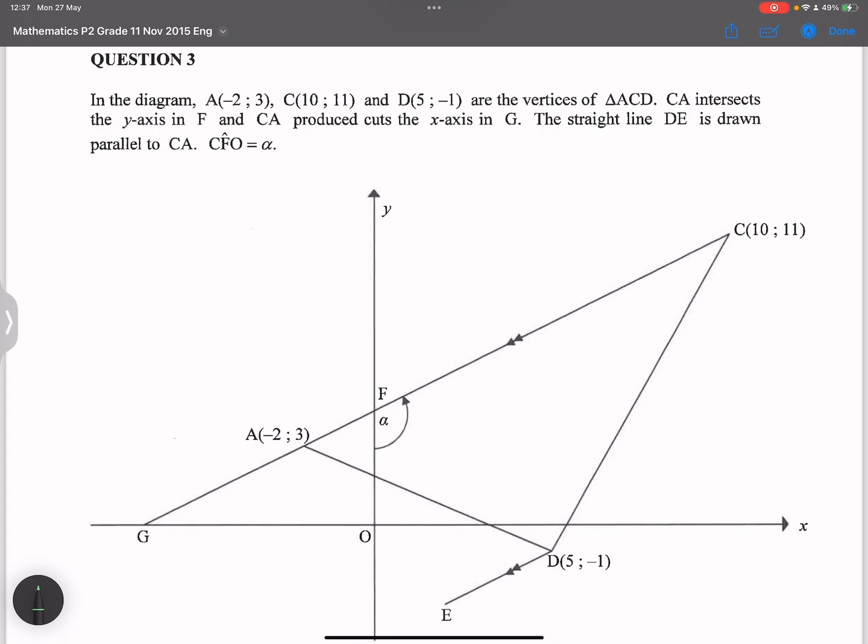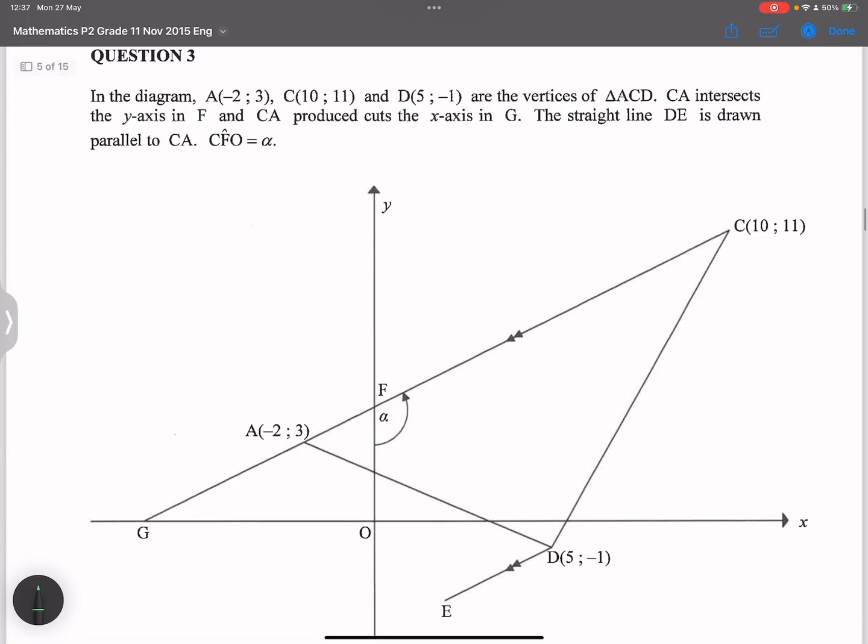They say the straight line DE is drawn parallel to CA, and CFO is equal to alpha. Now let's quickly have a look at it.